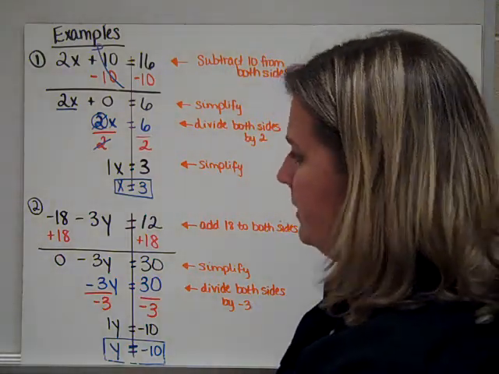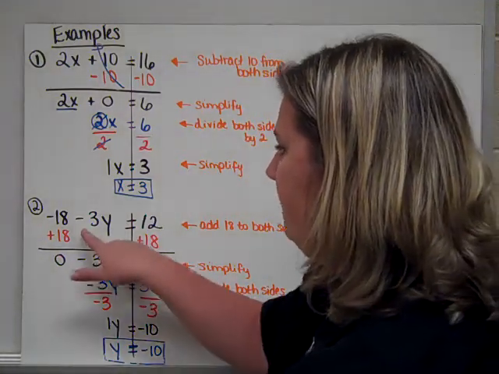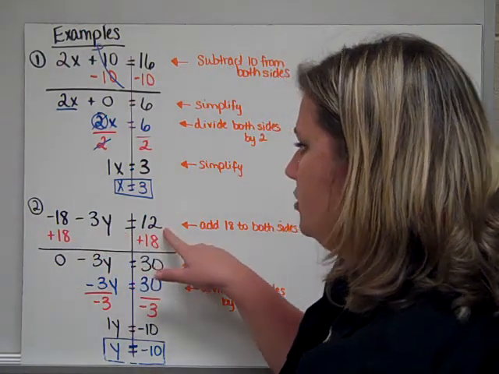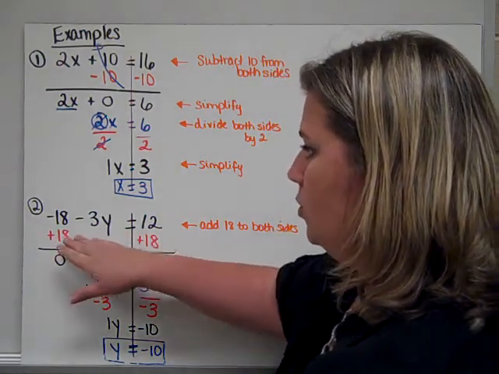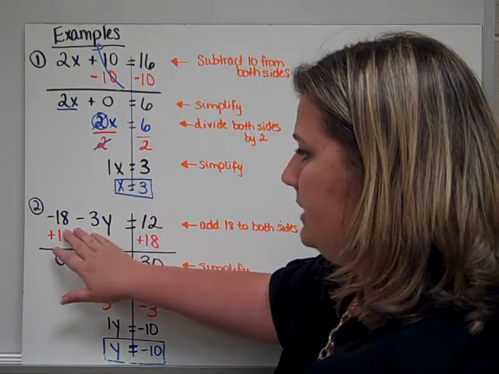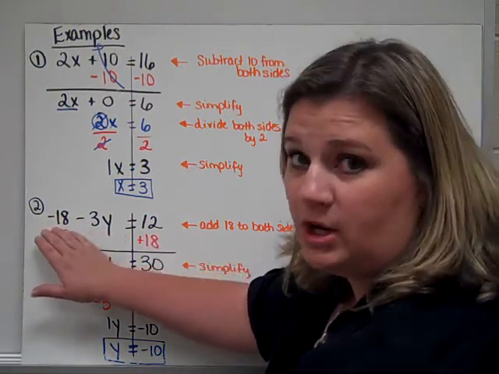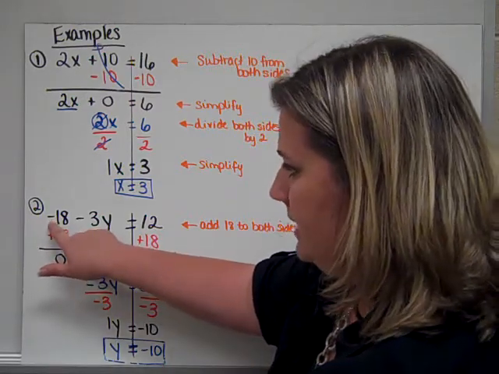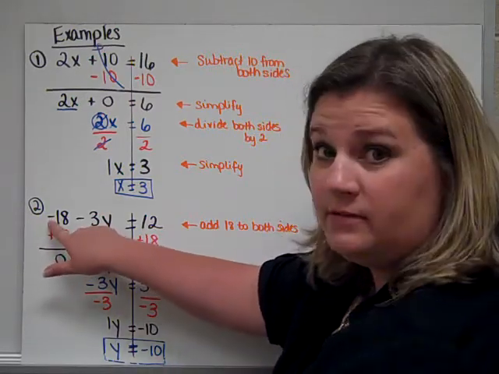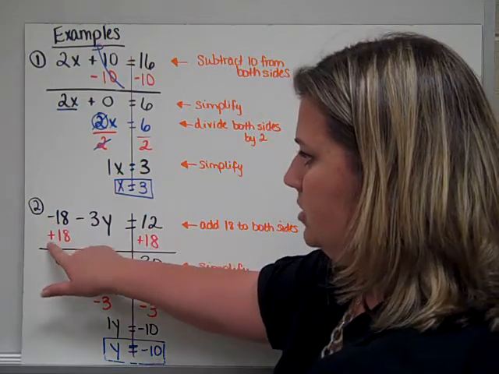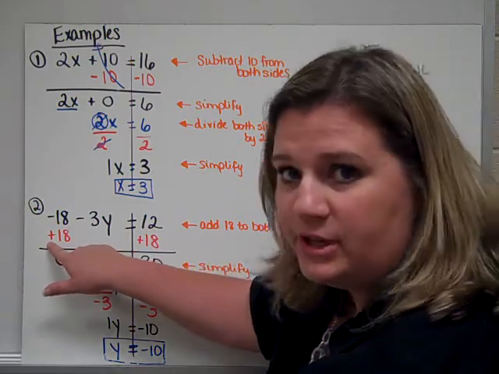Example number 2. Negative 18 minus 3y equals 12. So what is being added or subtracted here? Well, here's the term with the variable, but this is what's being subtracted, knowing it is negative. If it's negative, that tells me there's subtraction going on. So the additive inverse of that is a positive 18.